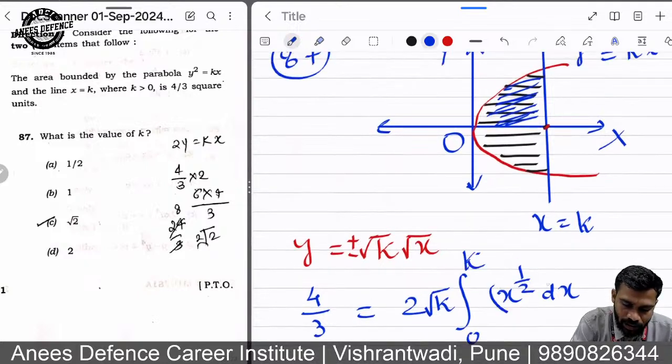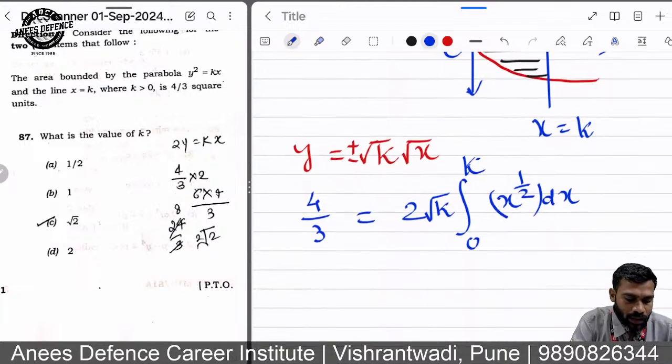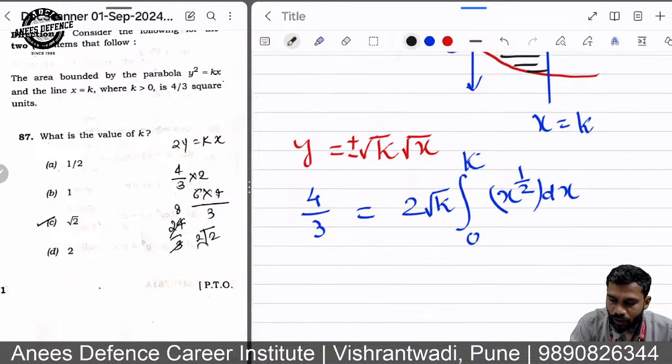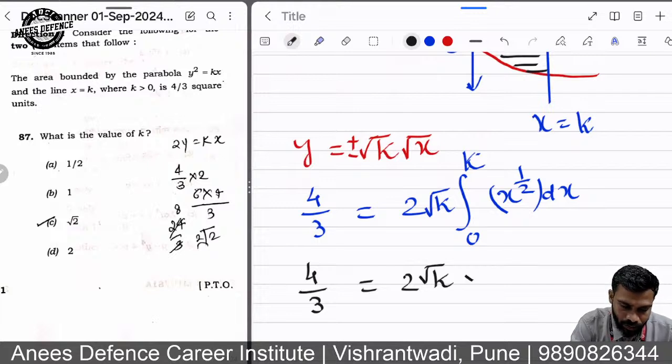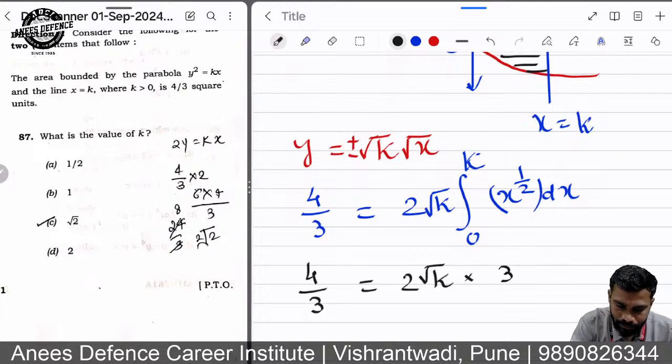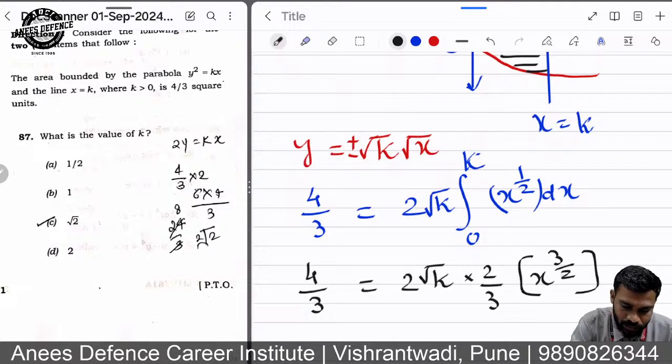Now you can easily simplify this. If you solve this, the value of k you can find out, right? Very easy. 4 by 3 is equal to 2 root k into, see, this is 2 by 3 x to the power 3 by 2 and limits 0 to k.